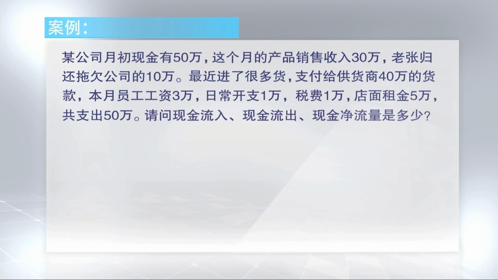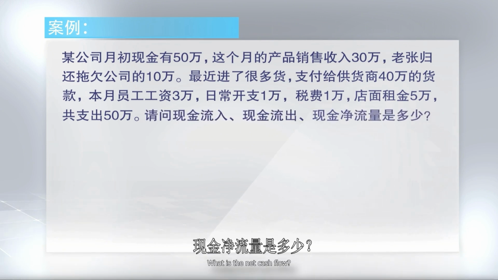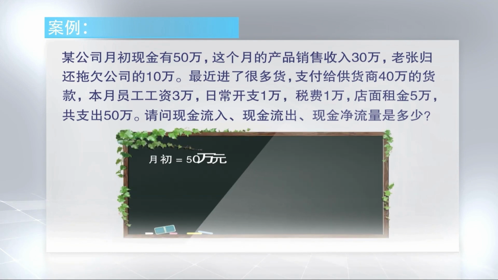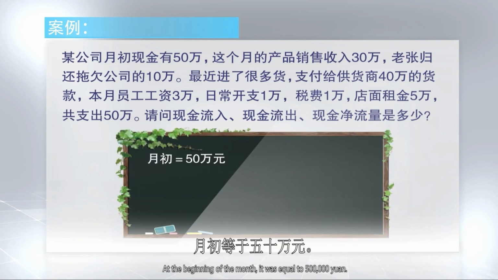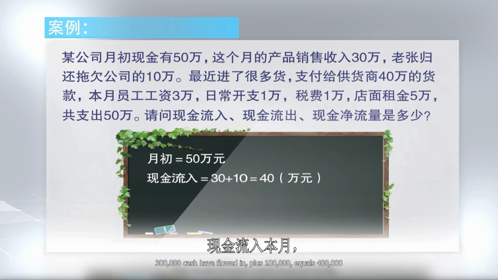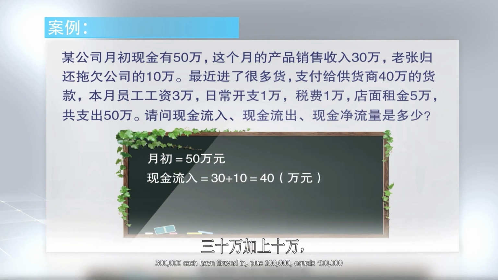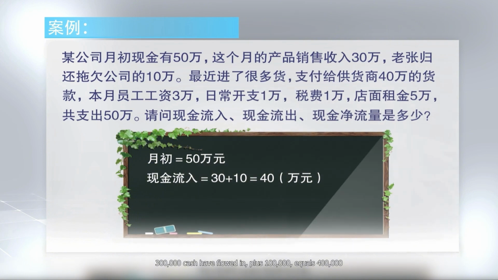How to calculate the cash inflow and cash outflow? What is the net cash flow? At the beginning of the month, it was equal to 500,000 yuan. 300,000 cash flowed in, plus 100,000, equals 400,000.